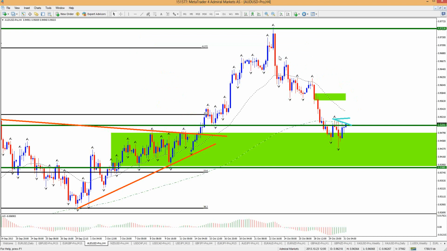To compensate, of course, for the risk that not every one of these is going to be a winner, the 3-to-1 will place the equity curve into positive territory.